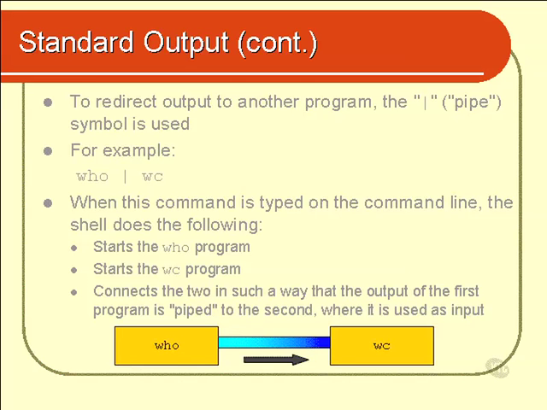Using this technique you can connect any two programs together on the following conditions. The first program must produce output and the second program must be a program that takes input. We've seen quite a lot of programs that produce output so far, probably most of them, but we haven't seen too many programs that take input. Let's have a look at the next module where we'll learn more about that.